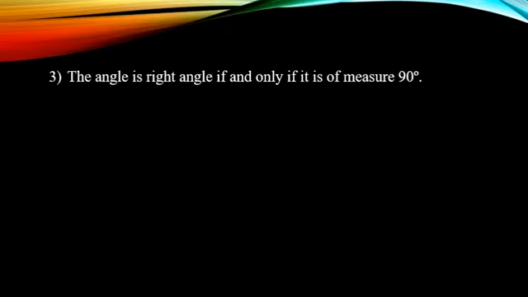Next question. The angle is right angle if and only if it is of measure 90 degree. Here two simple statements are connected by if and only if. So the name of this compound statement is biconditional. It is also called double implication, and it is also called equivalence.